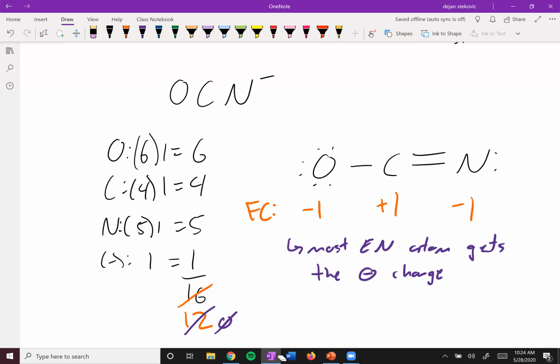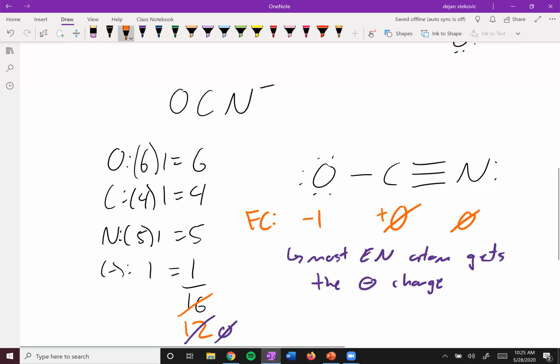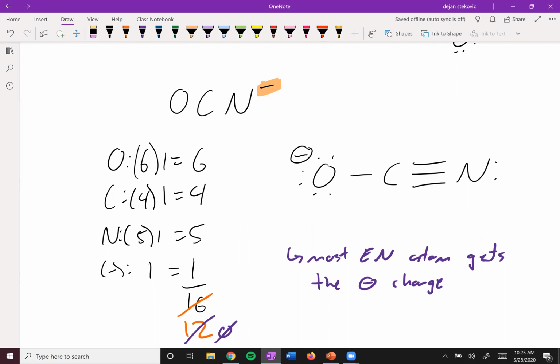And so when we go ahead and do that, calculate our formal charges. Now we have the oxygen with a -1 and the carbon and nitrogen with a 0, right? And that makes sense because our ion was already negatively charged, so something's got to have a negative charge. So we just indicate this formal charge with this negative here, and that is the correct Lewis structure for OCN minus.